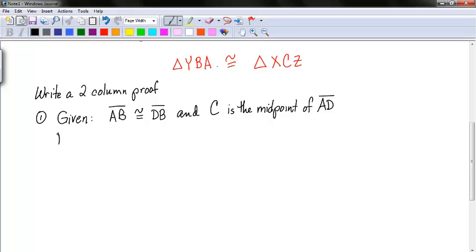What they want you to prove is triangle ABC is congruent to triangle DBC.